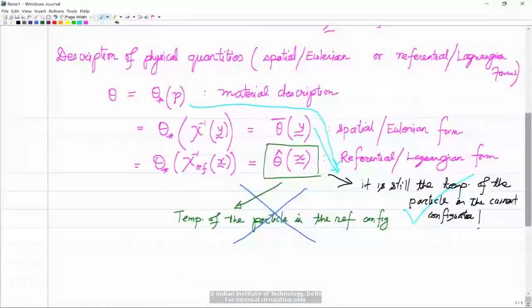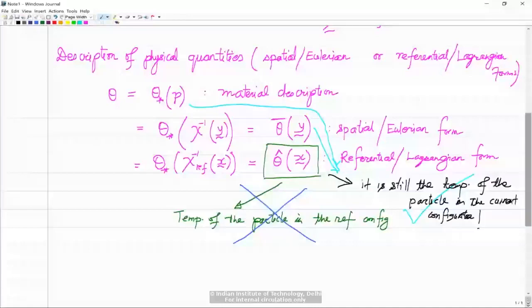A person could measure temperature at different points, and then he would get this Eulerian description, theta bar of y. So he will get that function directly. But to get theta hat, which is a Lagrangian description, one has to know the relation between y and x.